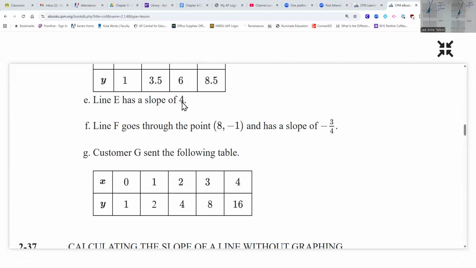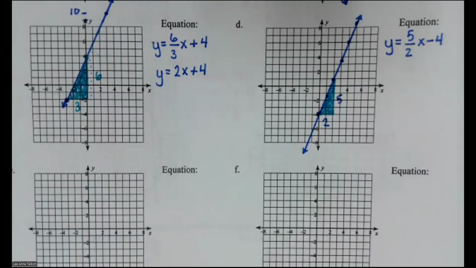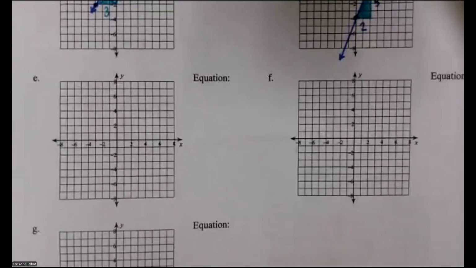Okay, everyone in the class, draw a line with a slope of 4. Where do we start it? Doesn't matter. Anywhere. Pick a spot.